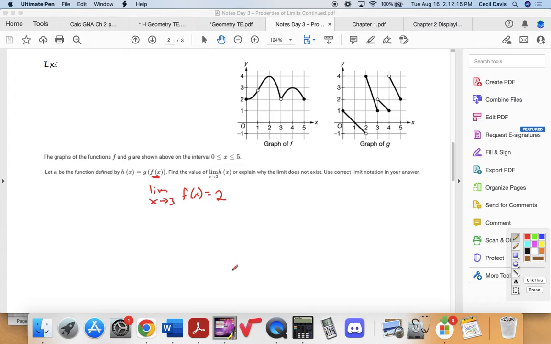Everybody's good with that? Okay. And then you might say, well, that's going to 2, so I just need to figure out the limit as x goes to 2 of g of x. It doesn't exist. Unfortunately, if you did this, this is wrong.